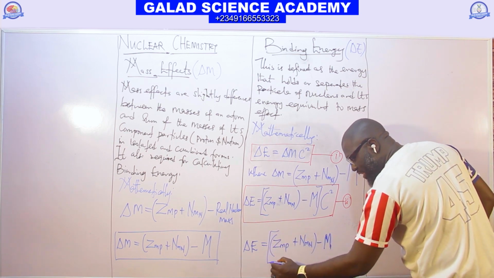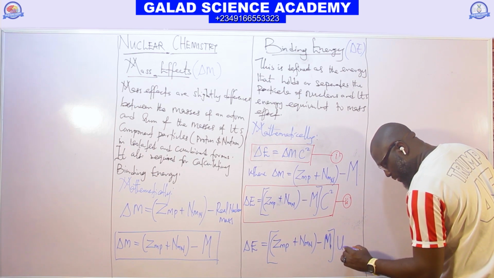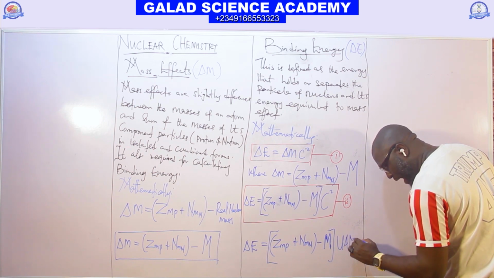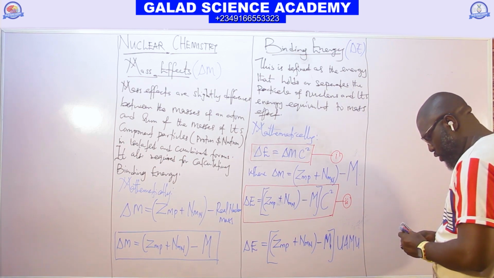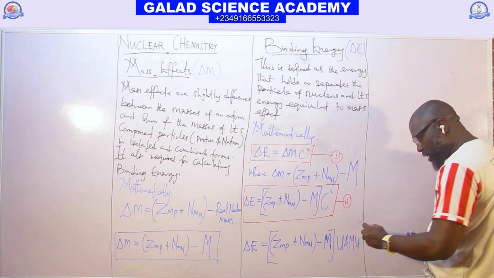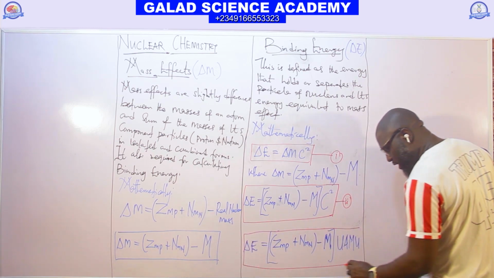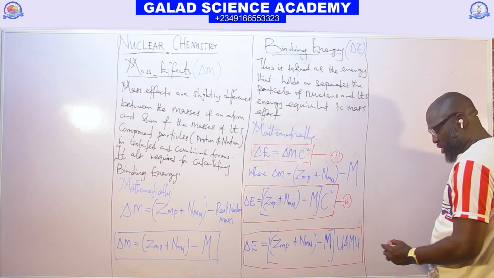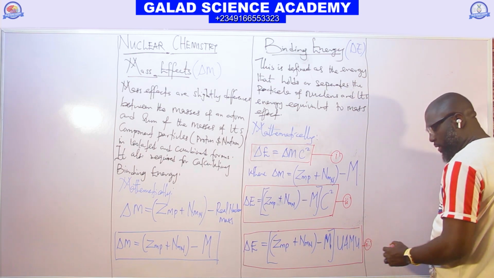So everything multiplied by universal atomic mass unit. So this is also another way of expressing binding energy. You can call this equation 3.